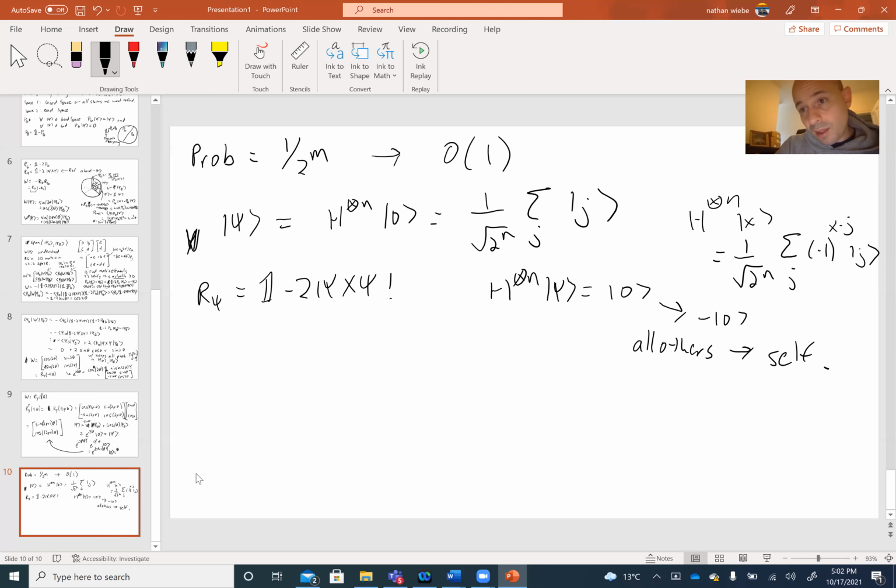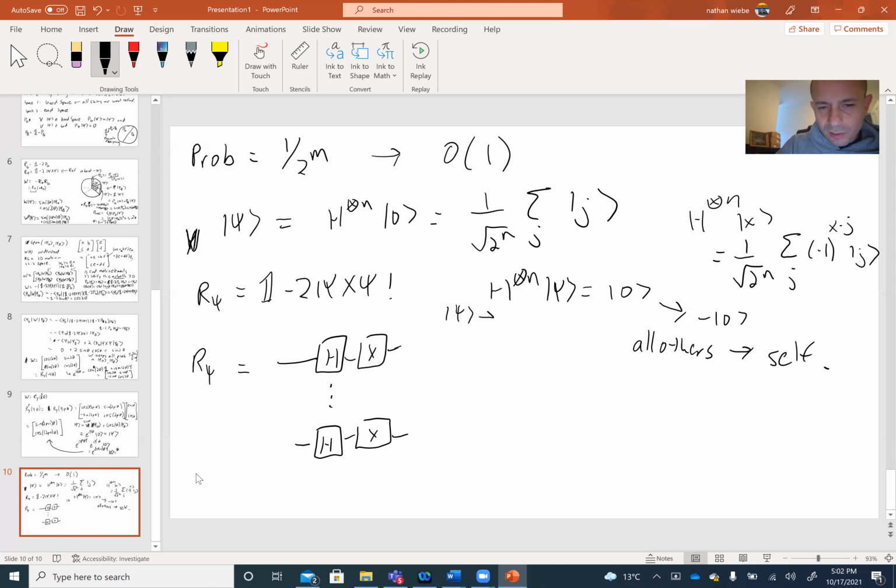An easy way to do this is to use the following construction. We apply Hadamards to everything. Then we apply the NOT gate to everything. Now this has mapped psi to 0 tensor n, and we've negated that, so we've mapped this to 1 tensor n.